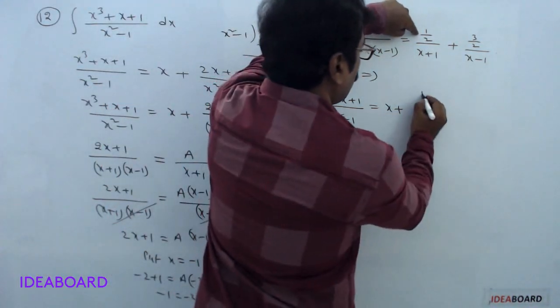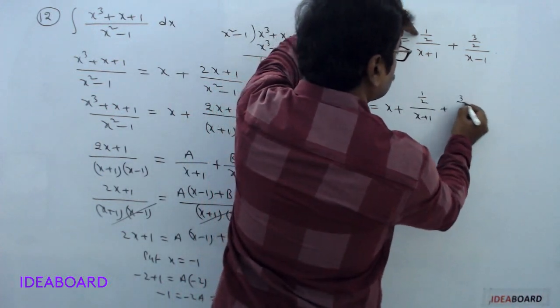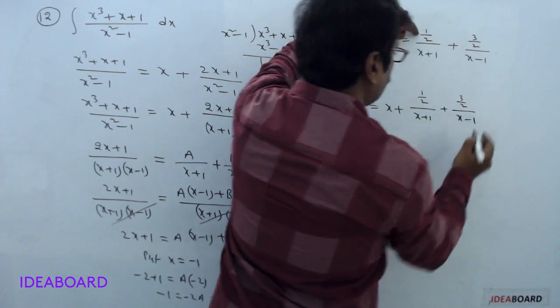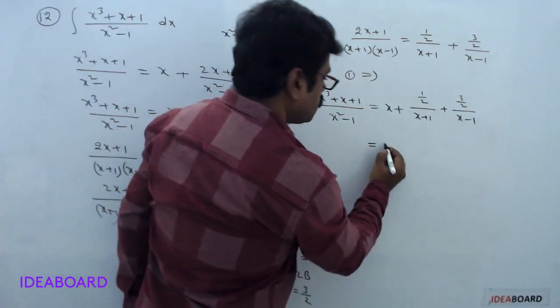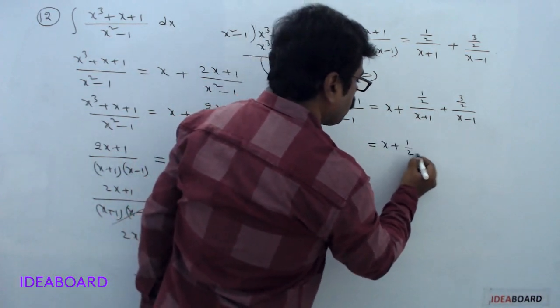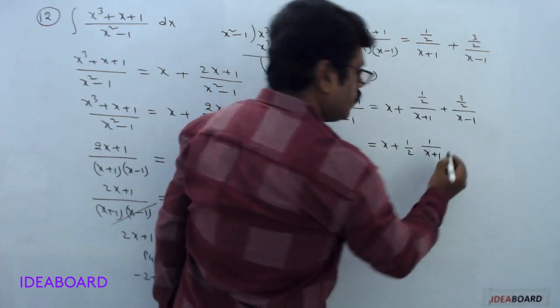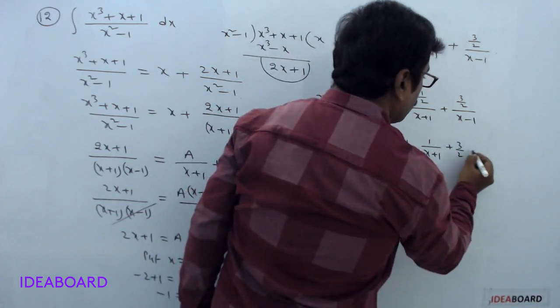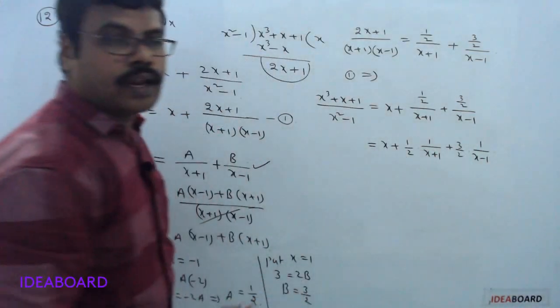So this is 1 by 2 divided by x plus 1 plus 3 by 2 divided by x minus 1. It can also be taken as x plus 1 by 2 into 1 divided by x plus 1 plus 3 by 2 into 1 divided by x minus 1.